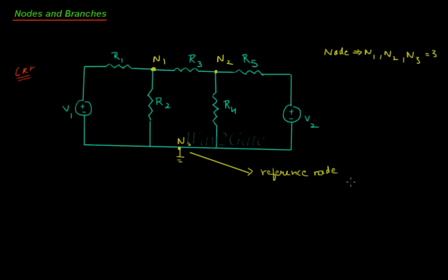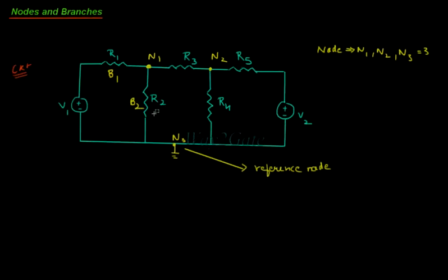In addition to nodes, we have branches. A branch is basically a connection between two nodes. Between N1 and N3, we have two branches, that is B1 and B2, where B1 includes R1 and V1, and B2 includes only R2.